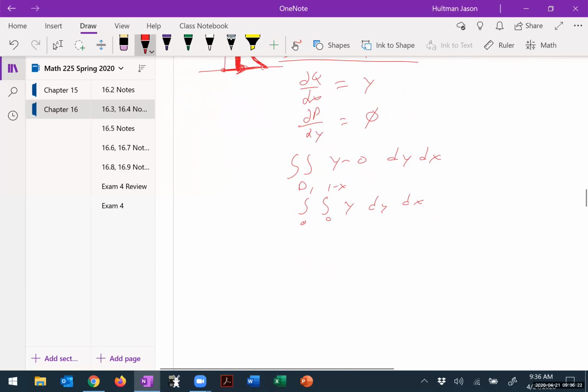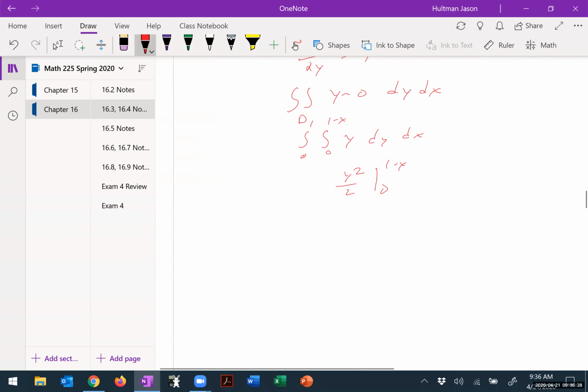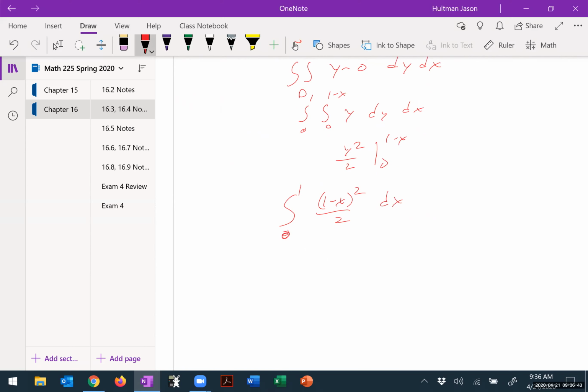So let's just integrate this. y squared over 2 from 0 to 1 minus x becomes (1 minus x) squared over 2. Integrate that from 0 to 1 dx. We could do a u-sub, or we could multiply it out. It doesn't matter.